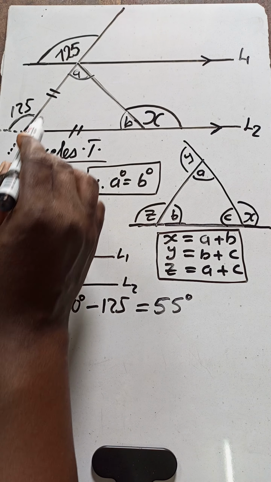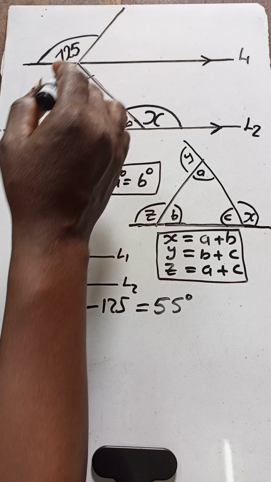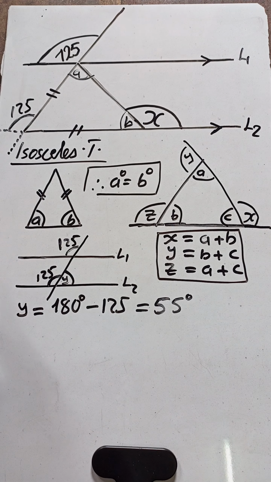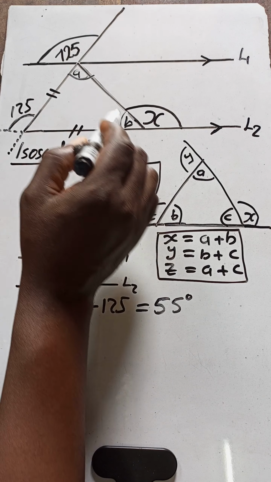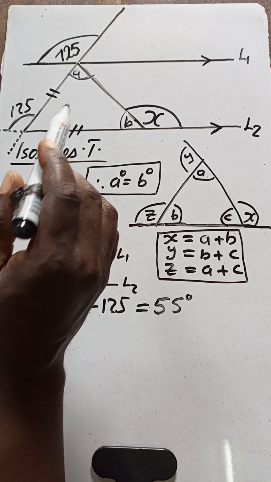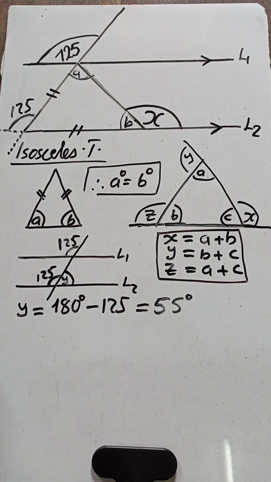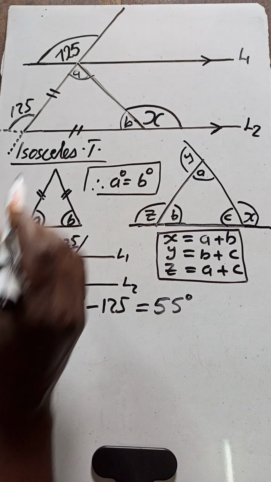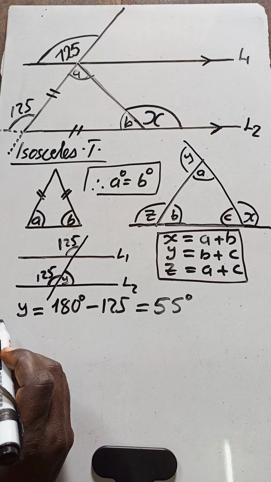All right, now that we know this angle, and we know that this triangle here is an isosceles triangle, therefore the base angles must be equal. And we also know that the sum of the interior angles of any triangle is 180 degrees.